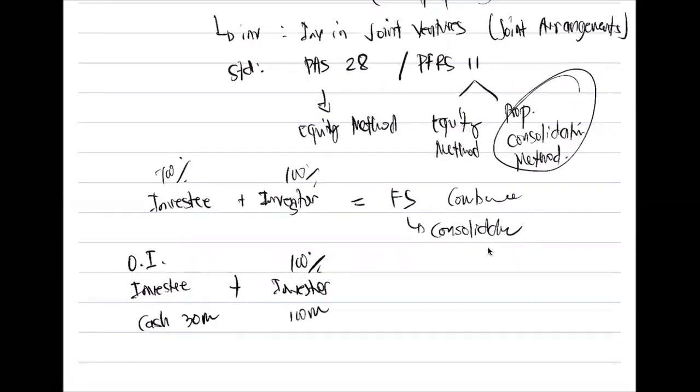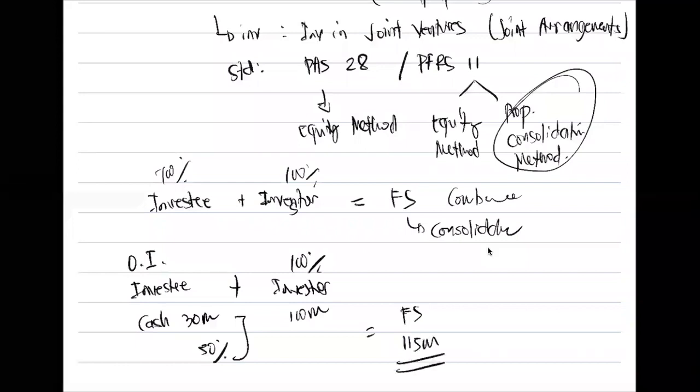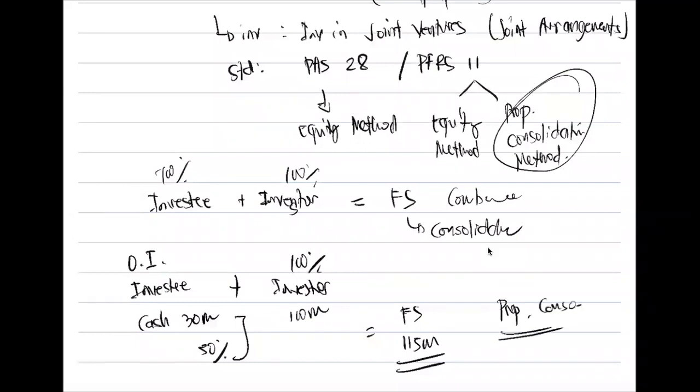And let's say you have 50% ownership over the investee. What we do is we just get the 50% of that cash. So our FS will present cash of 115 million. If that is a proportionate consolidation, you only get or consolidate proportionate to your ownership interest.